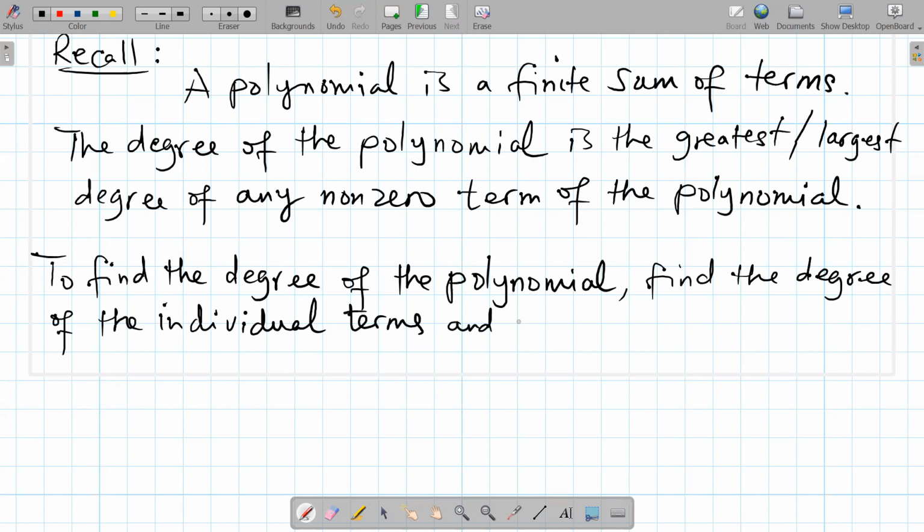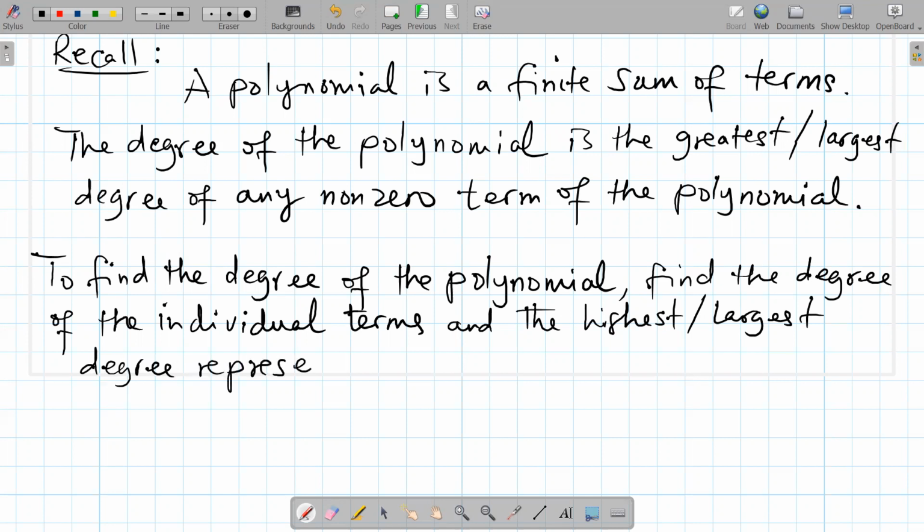And the highest or the largest degree represents the degree of the polynomial.